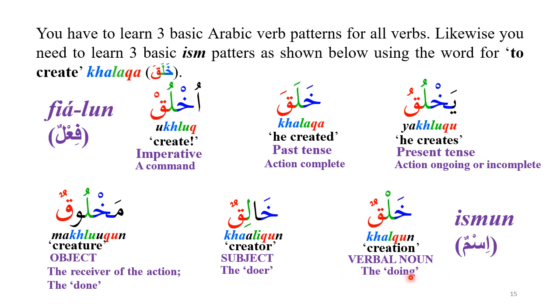So the doing is khalkun, the doer is khalikun, and then the done, or the creature in this case, is makhluk. Makhluk would be the creature on whom the action is done. And who is doing the action? The khalik. So khalaka khalikun makhlukun would mean the creator created the creatures.